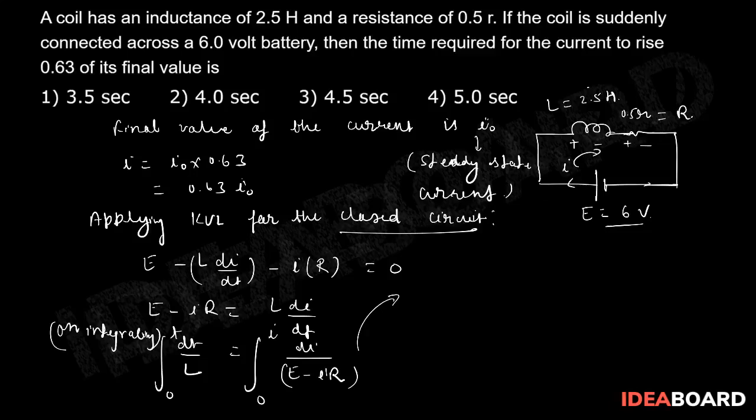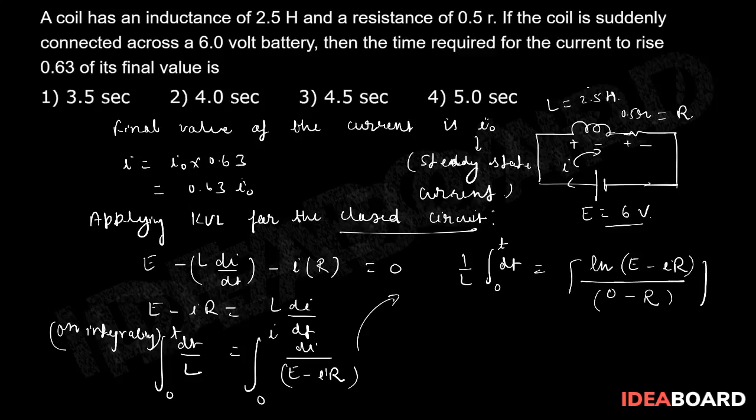If you want to solve this integral, 1 upon L will be outside, the integral of dt from 0 to t is equal to the integration of E minus IR, which will give you ln of E minus IR. Now divide by the differentiation of this term, which will be 0 minus R, perfect, and limits are 0 to I. So now if you substitute it, you take the minus R by L, this will give you t.